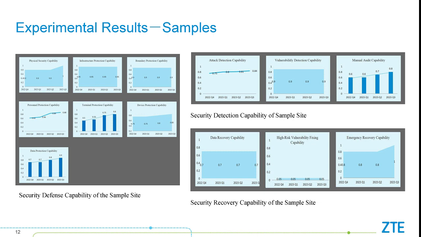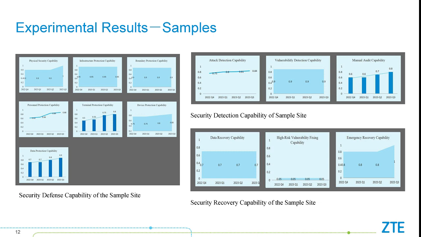The high-risk vulnerability recovery capability remains at a low level for a long period because the vulnerability fixing solutions of some third-party components are not timely provided. In contrast, the emergency recovery capability remains at a high level and is continuously improved because of the persistent monthly emergency drills.